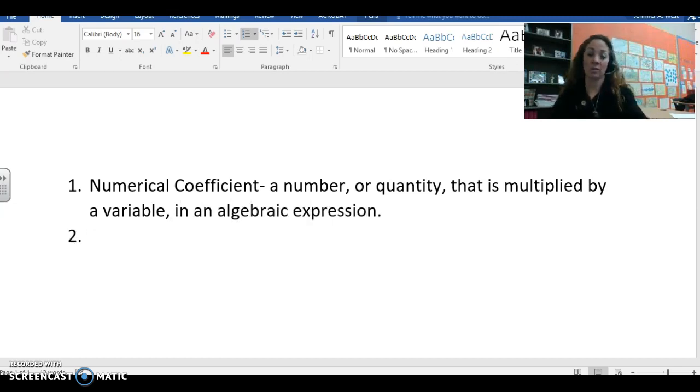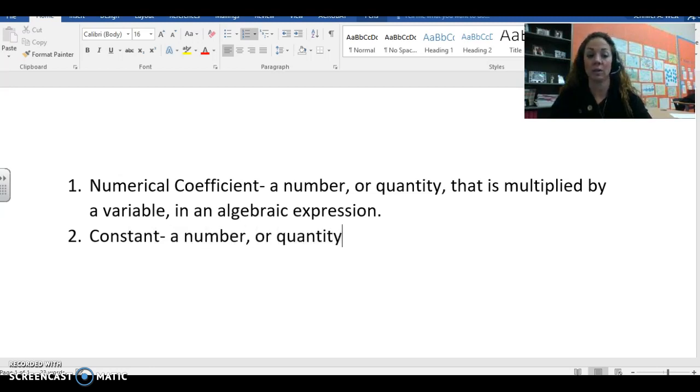So a numerical coefficient is a number or quantity that is multiplied by a variable in an algebraic expression. And then your second vocabulary word is constant. A constant is a number or quantity that does not change its value.